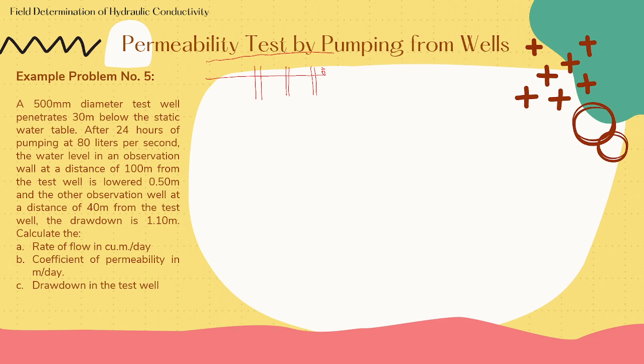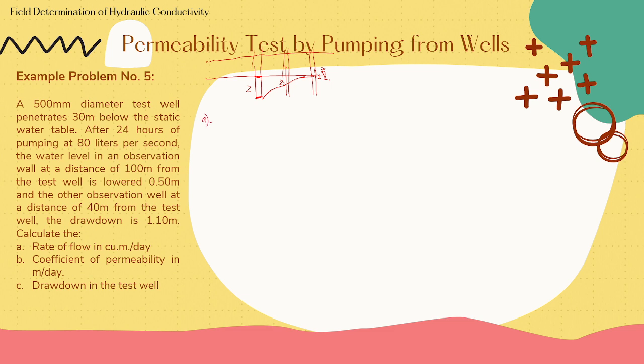And this is the ground surface. After some time, the initial water level will go down. Just like in the drawing, we will have drawdowns here, Z1 and Z2, and let's denote Z as the drawdown in the test well.